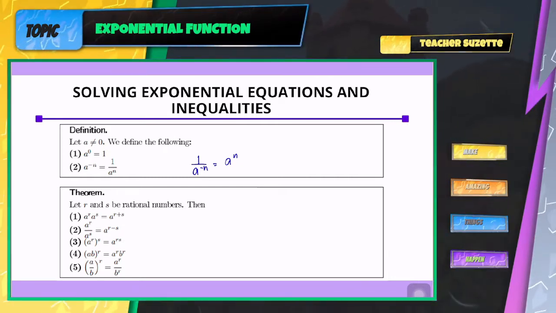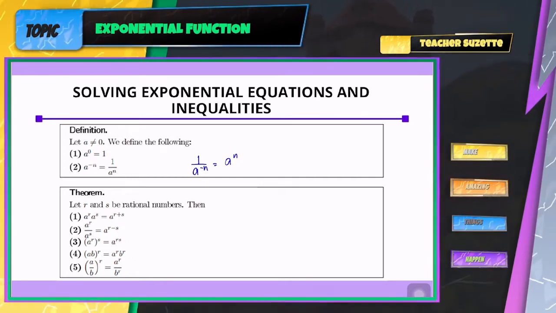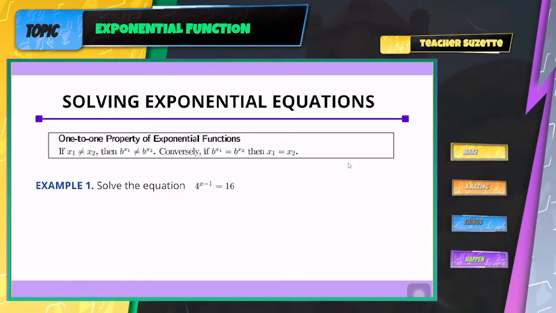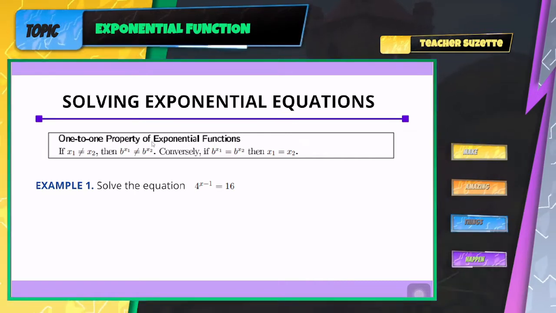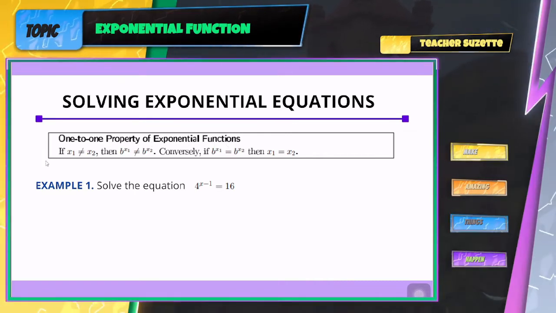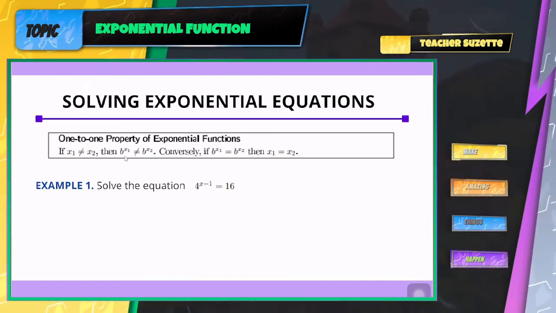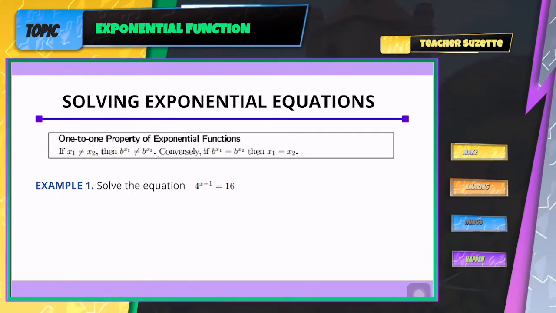So, ayan po yung mga definitions and theorems na you first have to familiarize yourself with. Now, this time, let's proceed in solving exponential equations. But before that, let's have first the one-to-one property of exponential functions. If you have x sub 1 is not equal to x sub 2, then b raised to x sub 1 is not equal to b raised to x sub 2.